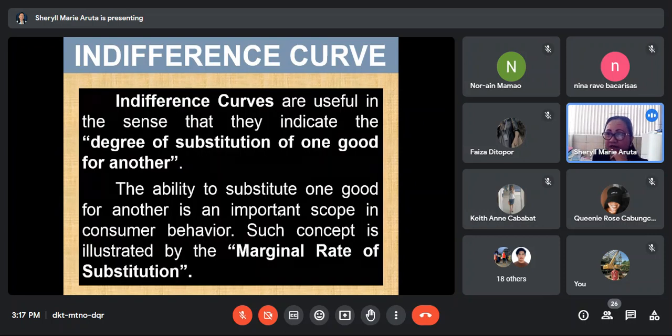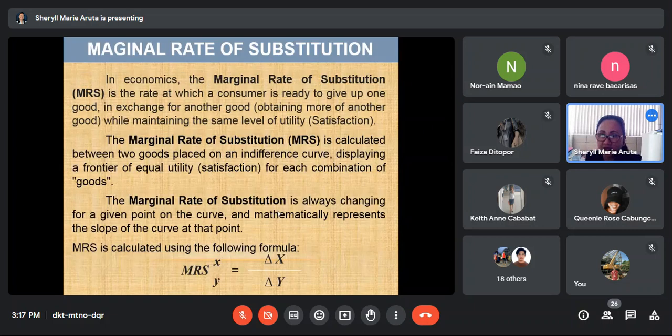Okay? So the indifference curves are useful in the sense that they indicate the degree of substitution of one good for another. The ability to substitute one good for another is an important concept in consumer behavior. Such a concept is illustrated by the marginal rate of substitution, which we discussed earlier with Peter.